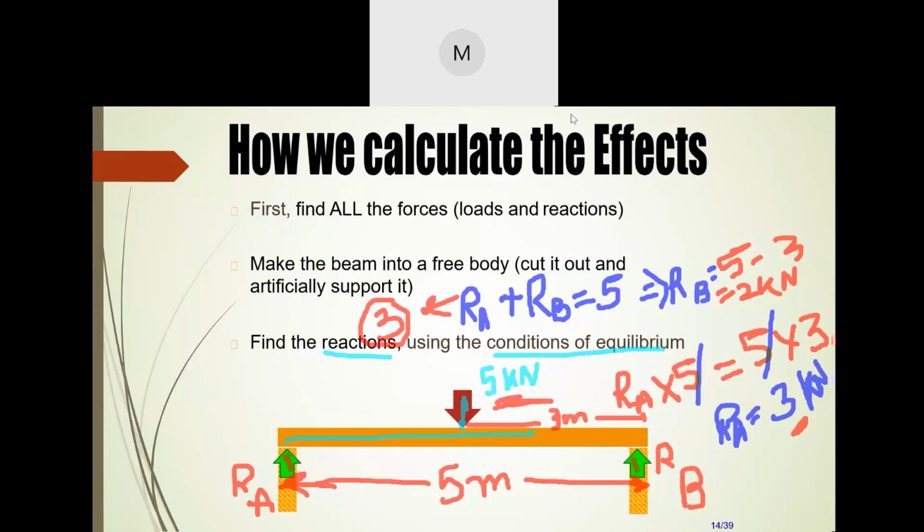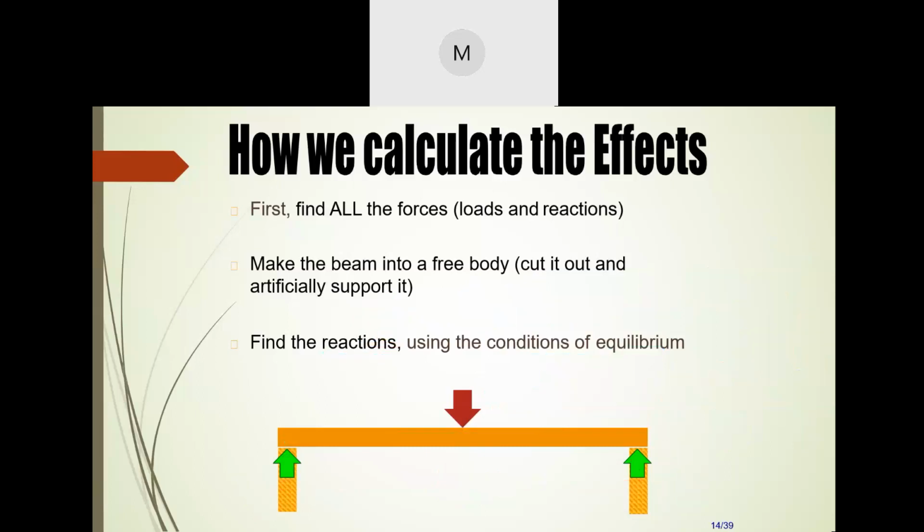So many people are there. Why does no one respond? What about others? Did you get it? Yes? Okay, good. Very good. So, this is the basic concept of finding out the reactions.